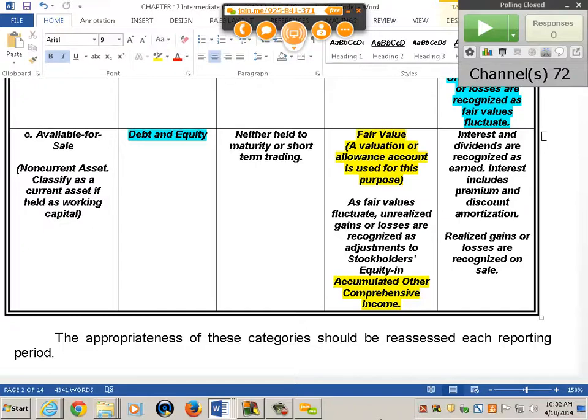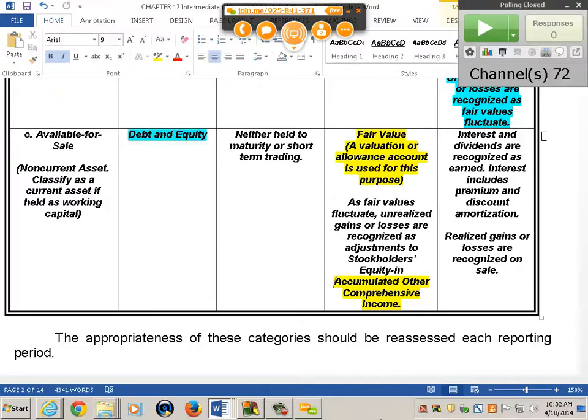And the reasons go back to chapter 15 or wherever we looked at comprehensive income. What did we say? Low probability of short-term cash realization, not part of your normal operation, and if you put it on the income statement and hold it for a long time, you're going to get volatility in income. Same reasons, it does not go into the computation of earnings.